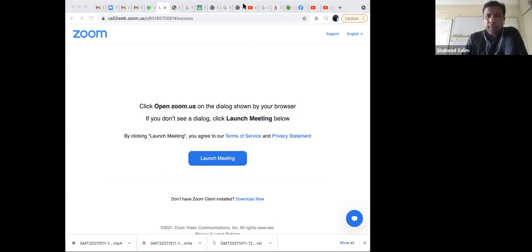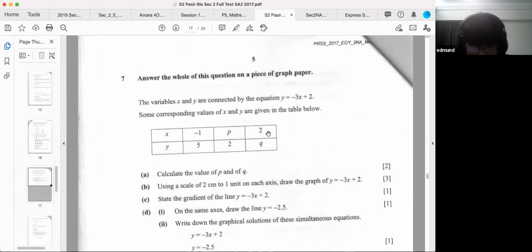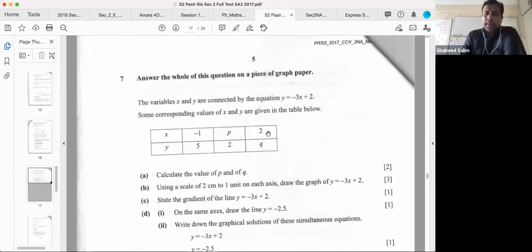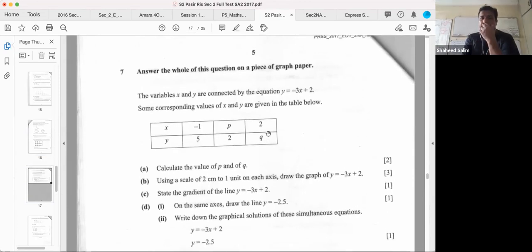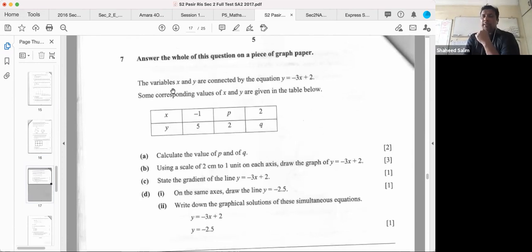So, okay, this one we cannot really do question number 7, but can you just do the part on the graph, just the graph part, so that when you go through your exam, you are okay.